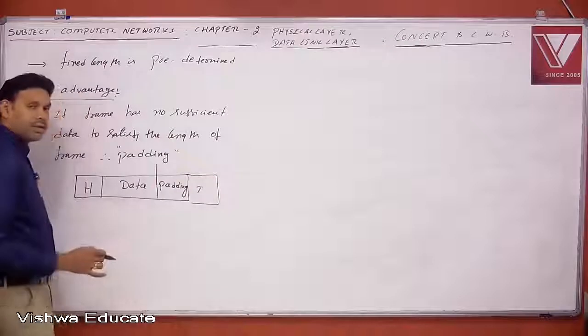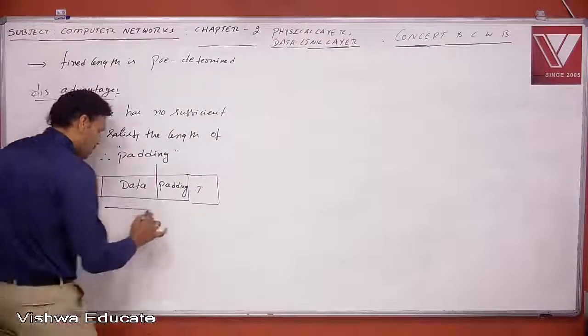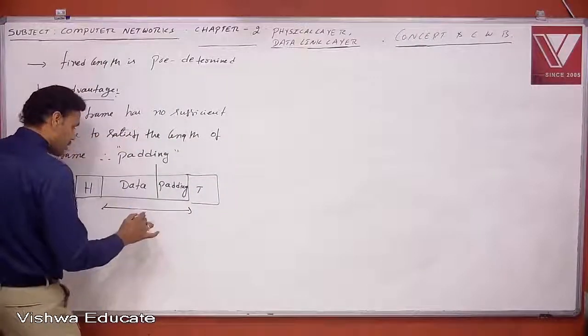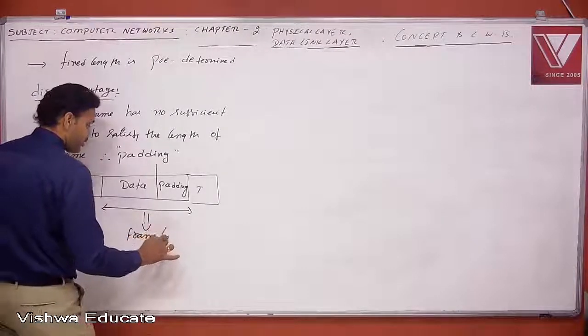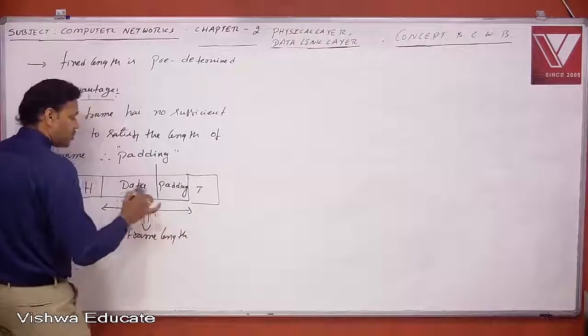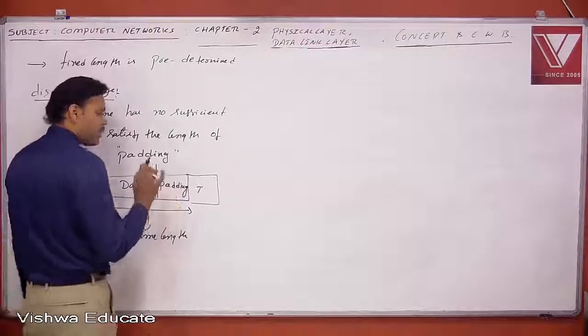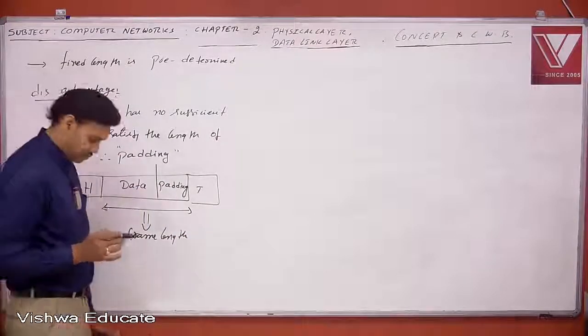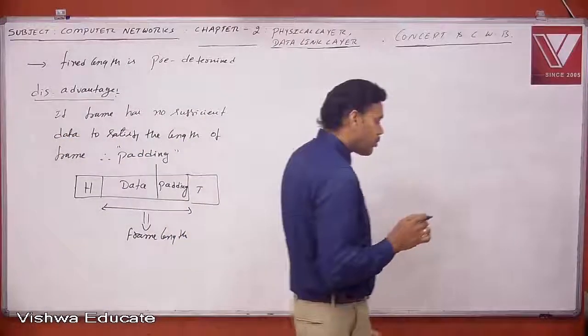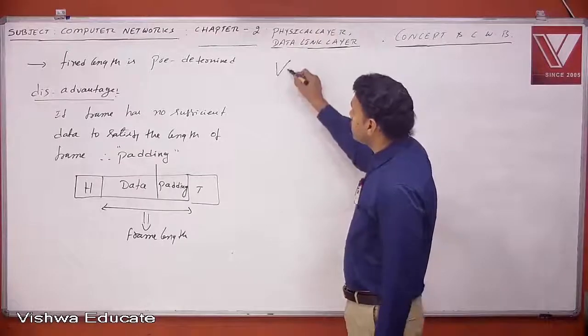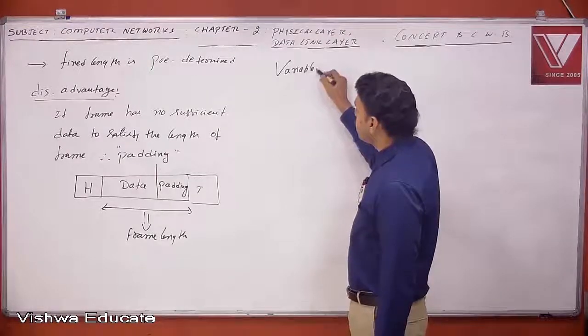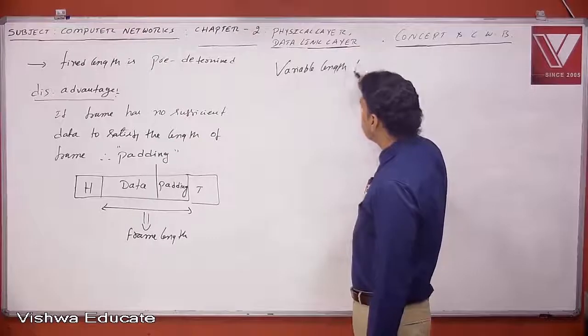Padding is mandatory, because this length is exactly equivalent to your frame length. That's why you're supposed to maintain two fields, padding as well as data. So to avoid the padding problem, we use the second category, that is variable length framing.